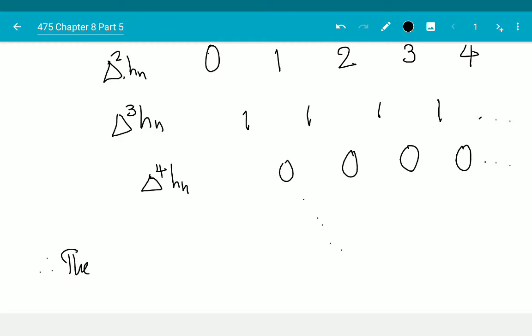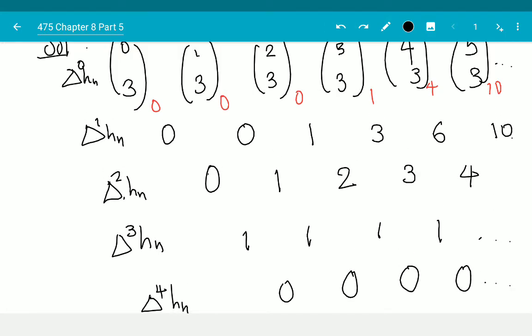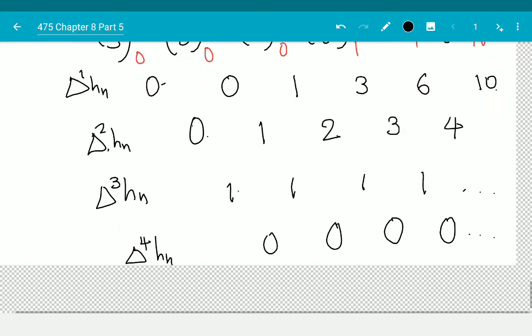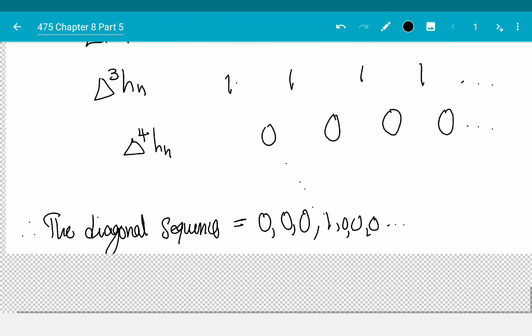Therefore, the diagonal sequence, starting from delta to the 0, is 0, 0, 0, 1, 0, 0, 0, and so on. Okay?